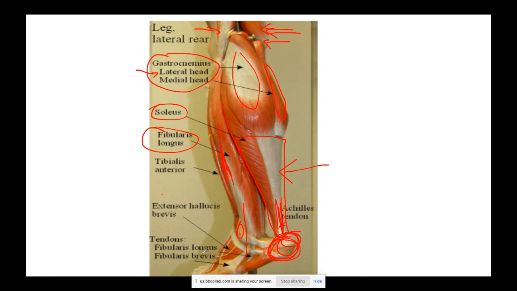So here is the brevis. It's going to attach right there. Longus is going to go completely underneath the foot. It's a lateral leg muscle, but it goes under the arch of the foot and attaches to the pinky toe side. My bad, let me say that again.